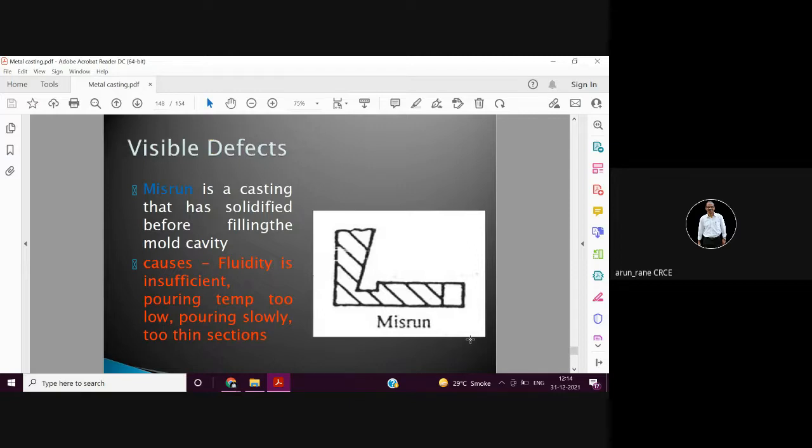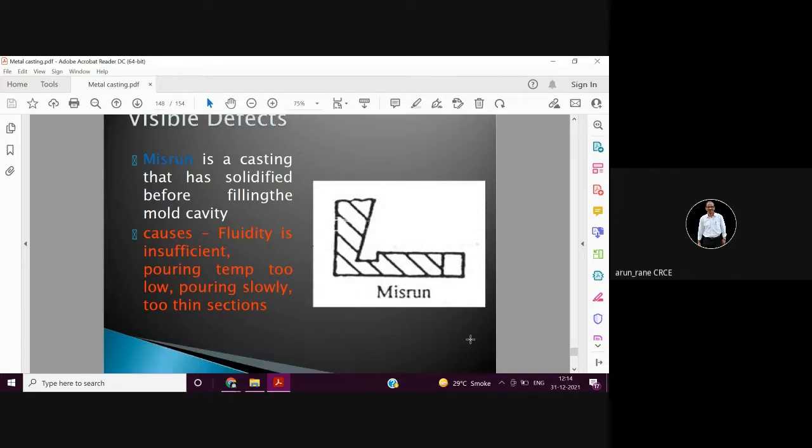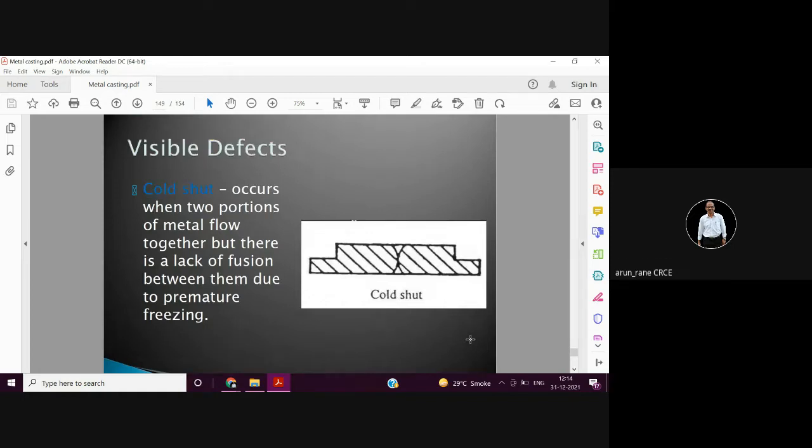Mainly because fluidity is not good, material is not flowing properly, or temperature is not enough, or if you are injecting, your injection speed is slow. Another, cold shut.